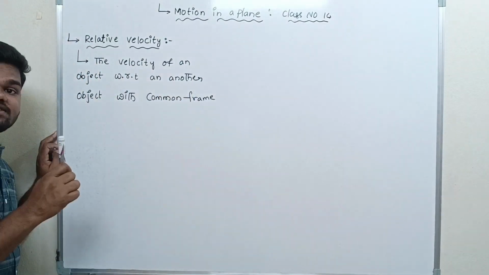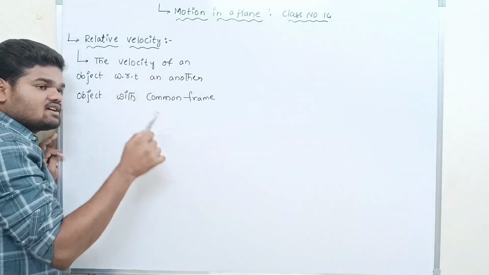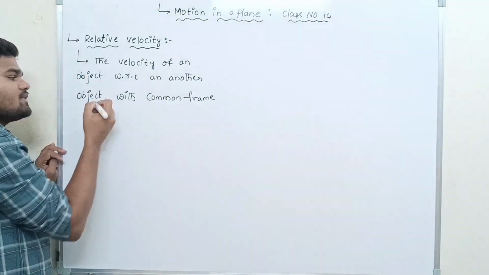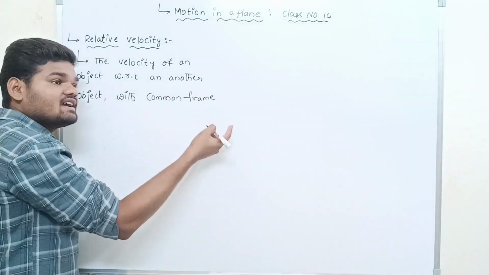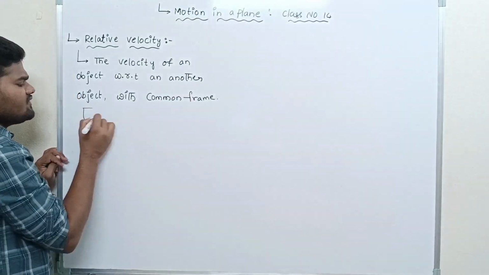What is the meaning of the relative velocity? The velocity of an object with respect to another object with a common frame, where the common frame is nothing but the ground frame.